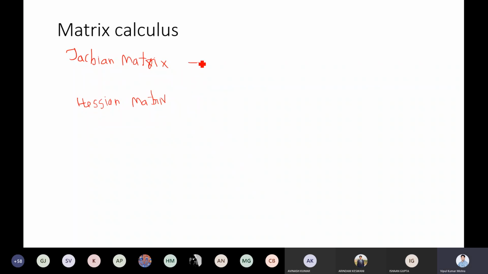You can say the Jacobian is the first order partial derivative with respect to something, in our case with respect to w, or wj. Here it will not be wj, it will be the complete w, so you can say it's del upon del w. I will explain in a minute.